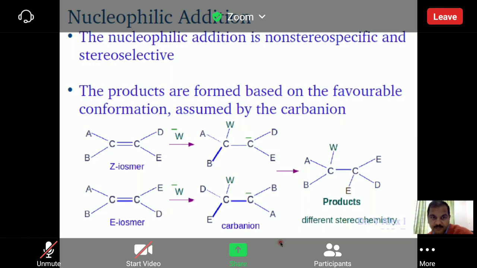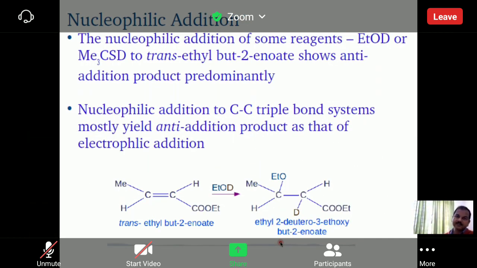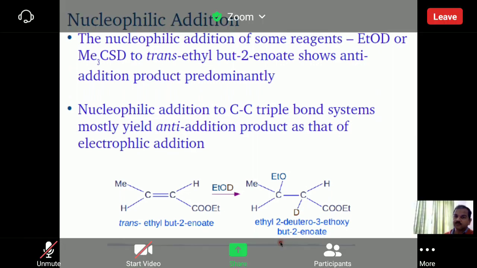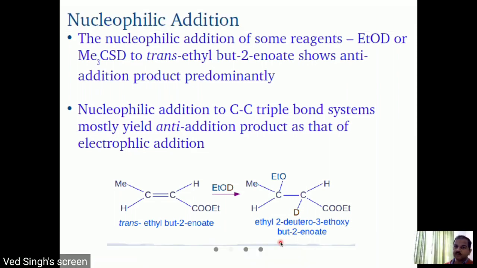Again, some reagents like trimethyl, with trans-ethyl butanoate, show an anti-addition product even with a triple bond, nucleophilic anti-addition product. Now we can see this example.